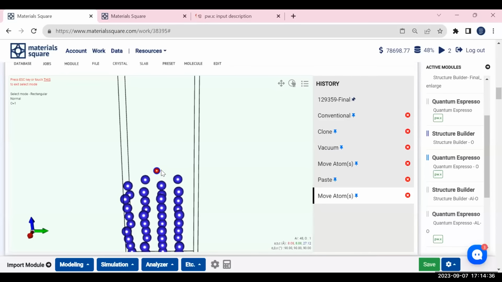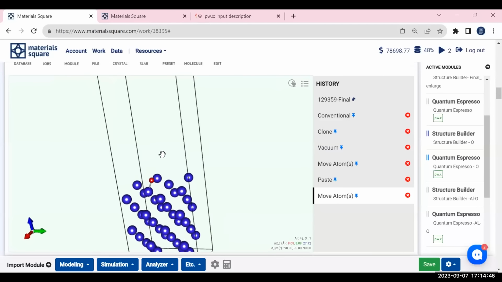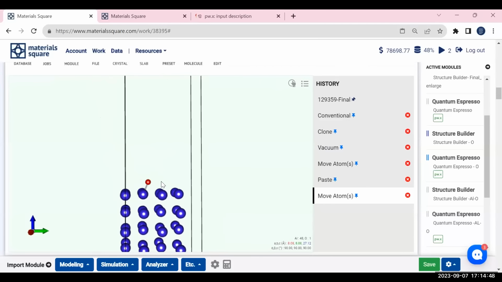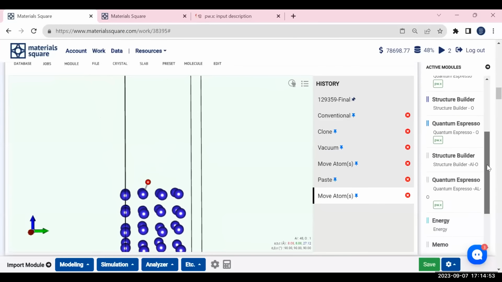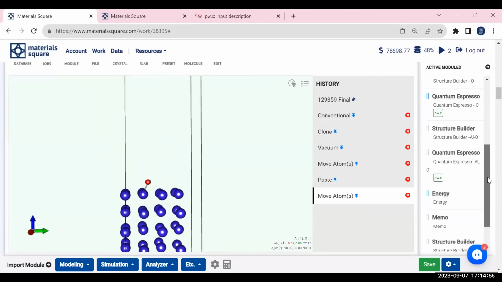So if you select this way, you can actually move near to any atom you want easily with just moving the mouse. So maybe if you place the single oxygen in the top of the structure, then after that you need to do full optimization of our structure by submitting another DFT calculation where the oxygen is adsorbed to the surface.